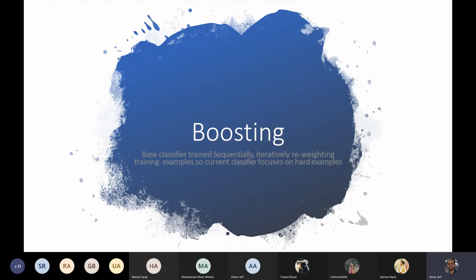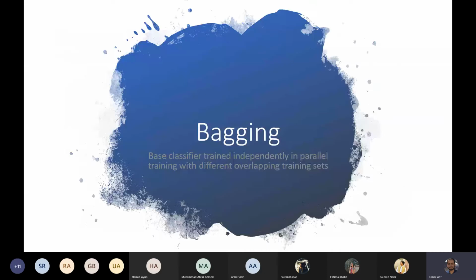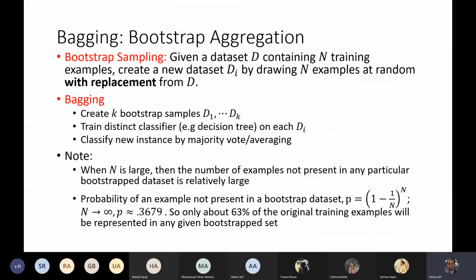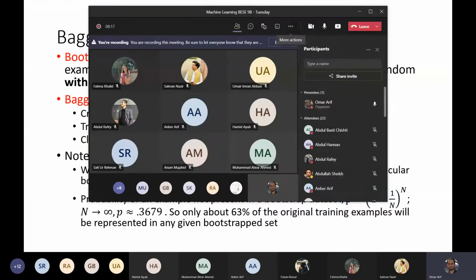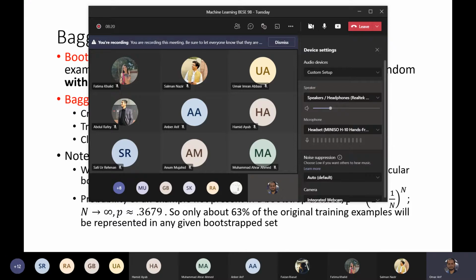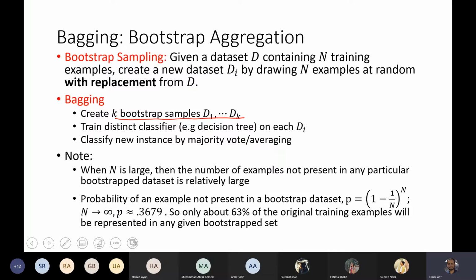In bagging, to briefly go through it, we create K bootstrap samples, and after doing that, we train independently K base classifiers on each one of these K bootstrap data sets.